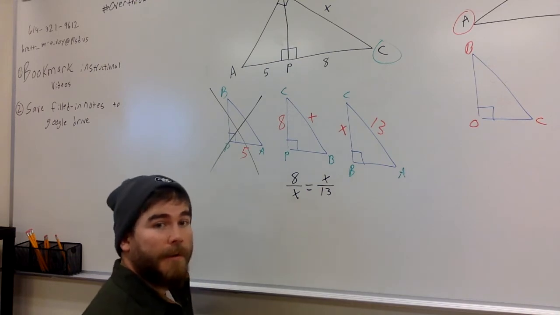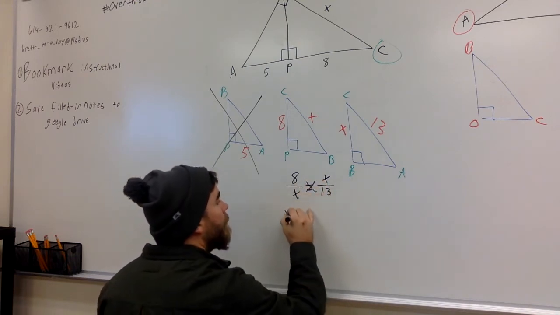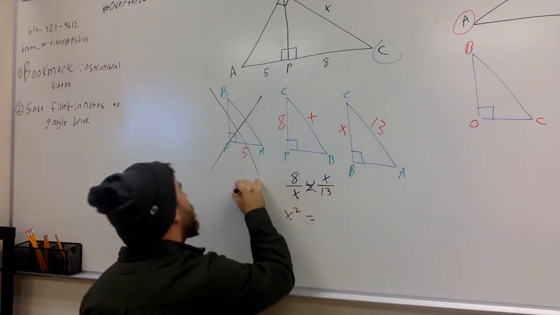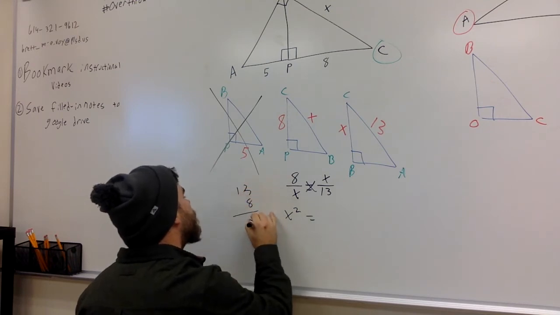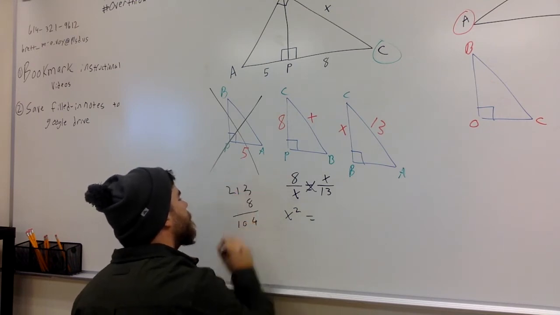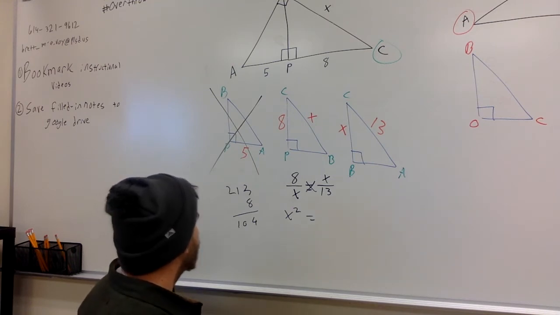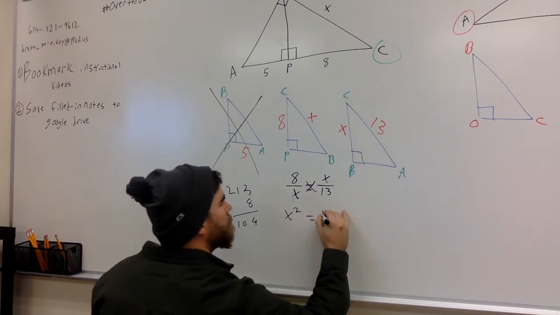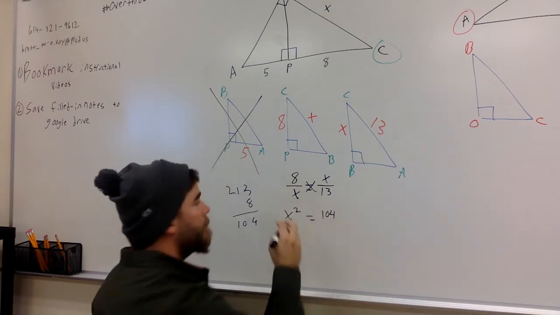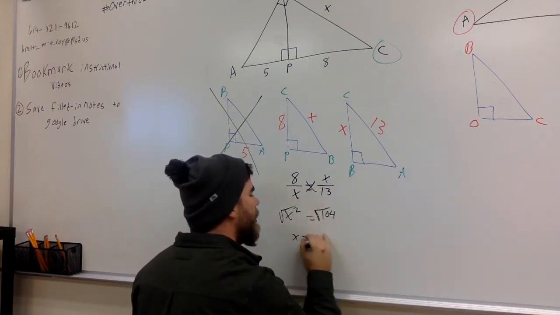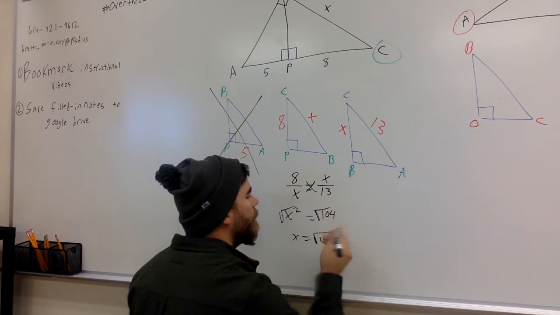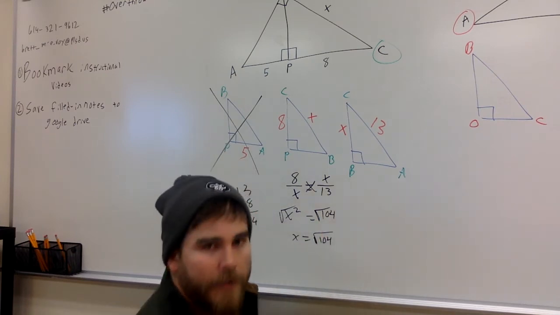And now we just cross multiply. And now I just need to square root both sides. X equals the square root of 104. If they need a decimal answer, we just use a calculator to get it.